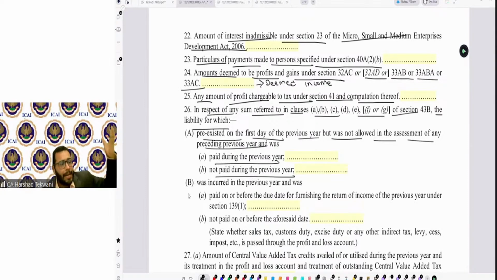Means the liability was there with respect to clause A, B, C, D, E, F, G of section 43B, and it was not allowed in the preceding previous year, but was paid during the previous year, and let's say for example certain amount not paid during the previous year.